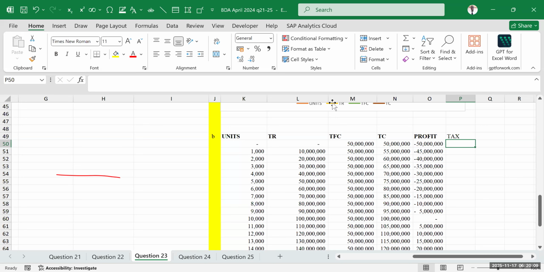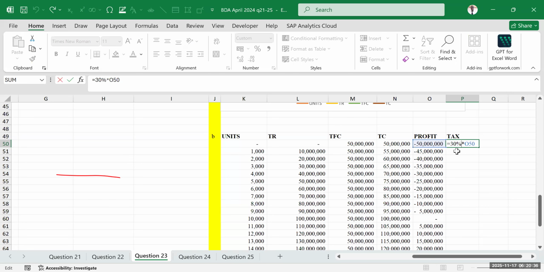And because we need to draw a graph, there is really no problem. Whether we have losses or profit, let's compute the tax on that rate, even though we know from our accounting knowledge that in this case you are not paying tax, because it is a loss. But for the sake of drawing the graph to appear normal, let's just compute the tax across.